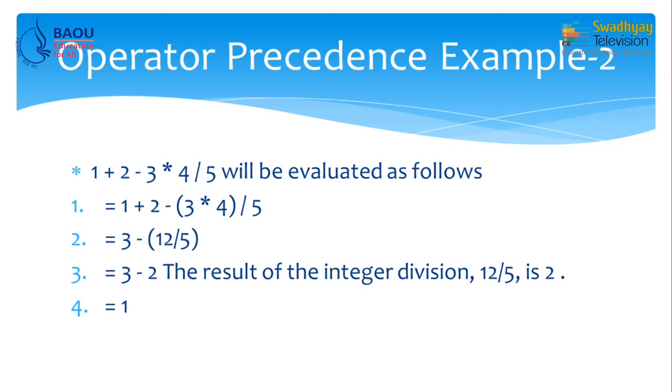So, 12 divided by 5 is performed second, and it results in 2, because when we divide one integer by an integer, the result is always an integer. Then we have 1 + 2 = 3, minus this 2, which ultimately results in 1. So, our answer will be 1.